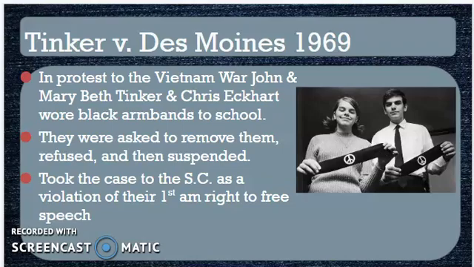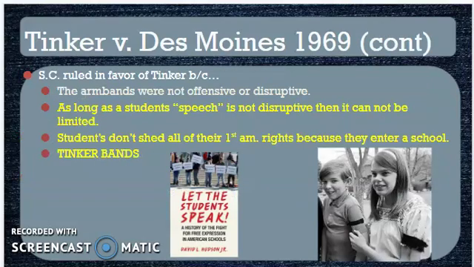What do you guys think? Of course, the Supreme Court ruled that these were not offensive, these were not disruptive, and as long as speech is not disruptive, it cannot be limited. So students do not get rid of all of their First Amendment rights because they enter school. Think of the things you wear to school.